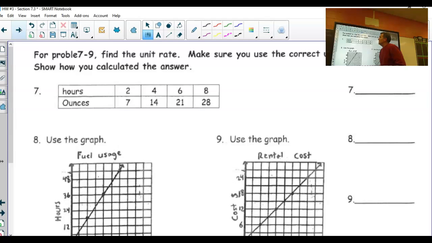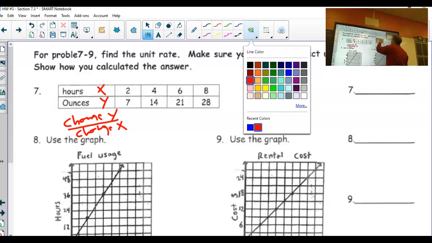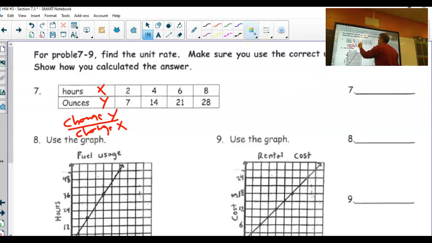Okay, numbers 7, 8, and 9, you had to find the unit rate. Remember, you find the unit rate by doing the change in y over the change in x. So in this case, the change in y is 7, the change in x is 2.